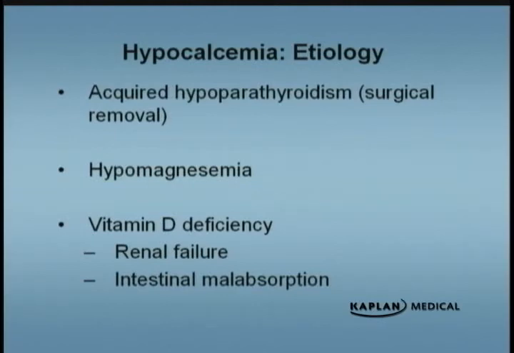From hypercalcemia, we want to go and talk about hypocalcemia now. And we want to talk a little bit about the etiology first. And there's basically three groups of diseases that could cause hypocalcemia. And the first one is hypoparathyroidism. And this is usually in the adult patient. It's usually acquired.